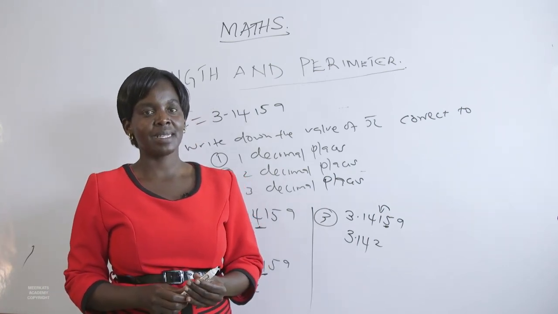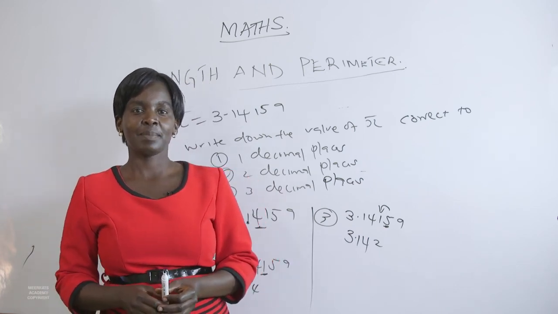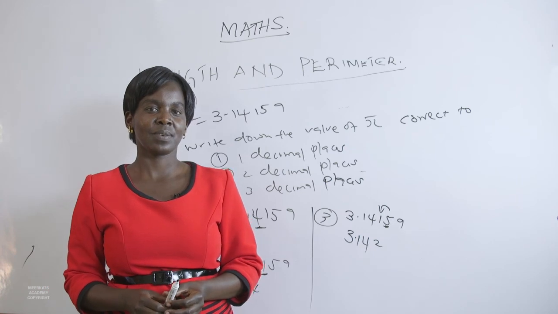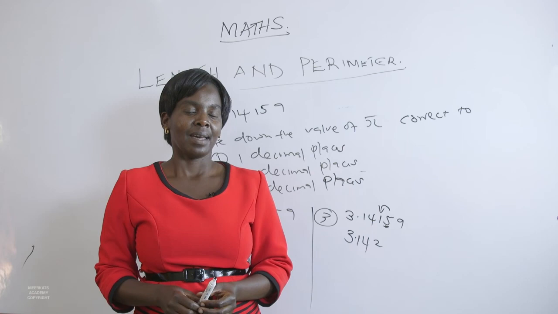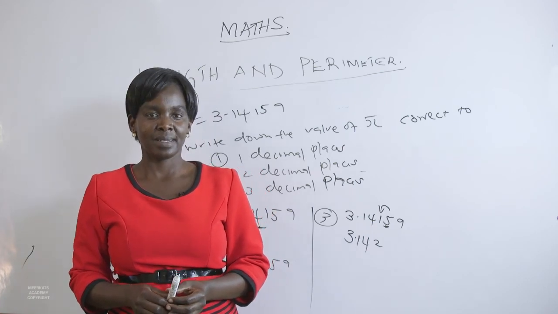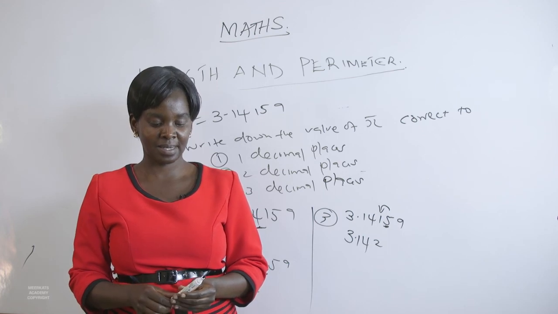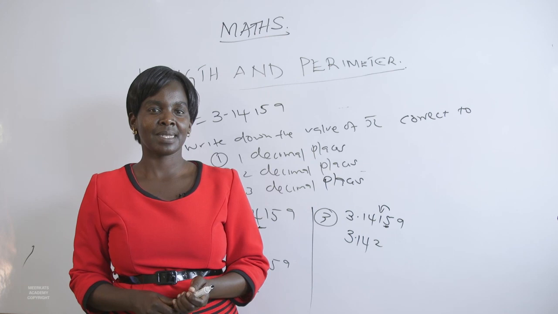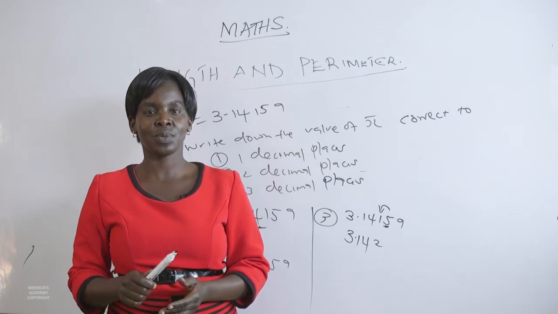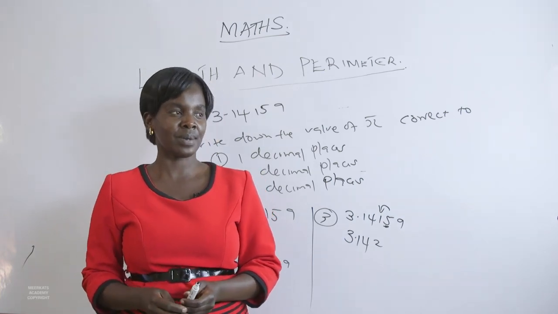We have also learned how to calculate the perimeter of plane figures. Calculating the perimeter of a rectangle, you add all the 4 sides. And also for the square, you add all the sides. We have also learned how to calculate the perimeter of a triangle, and because they are all plane figures, we calculate by adding the lengths all round.